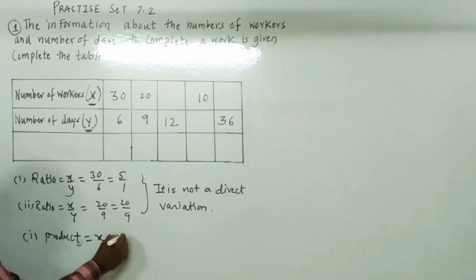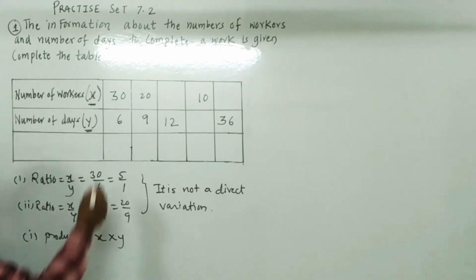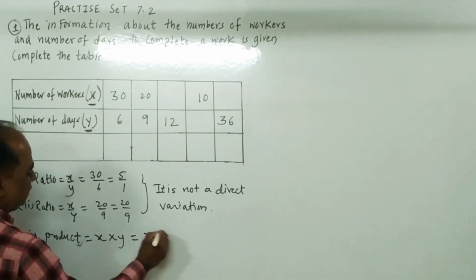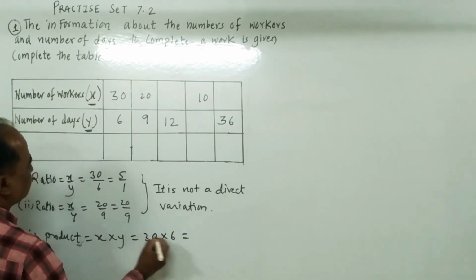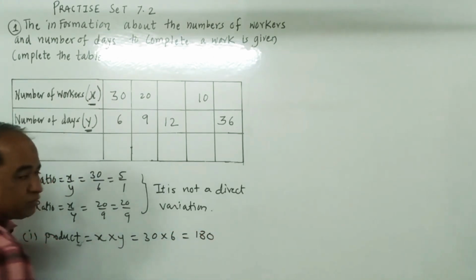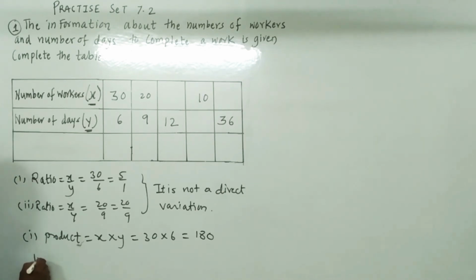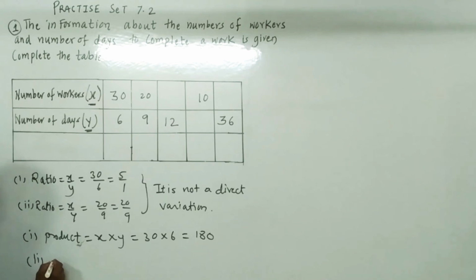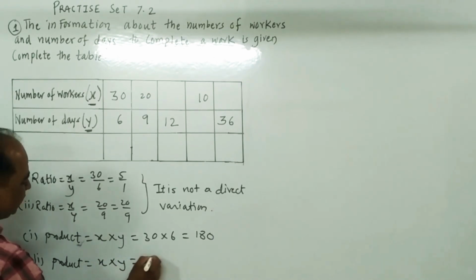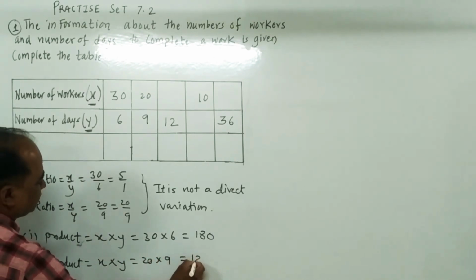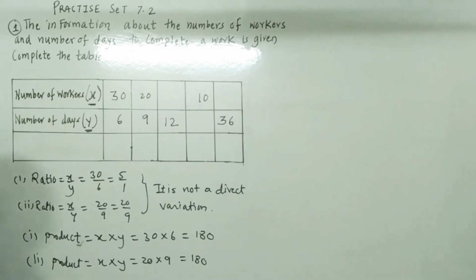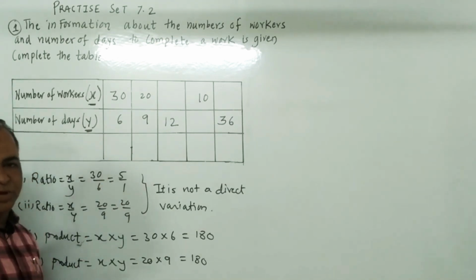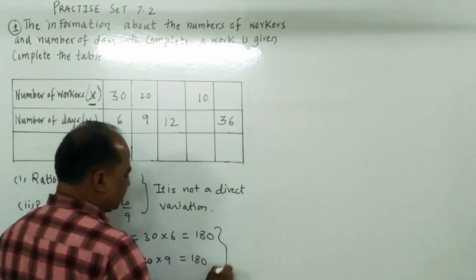So the product x into y is equal to 30 into 6. 6 threes are 18, that is 180. Second column, 20 and 9. So the product x into y is equal to 20 into 9. This is also 180.